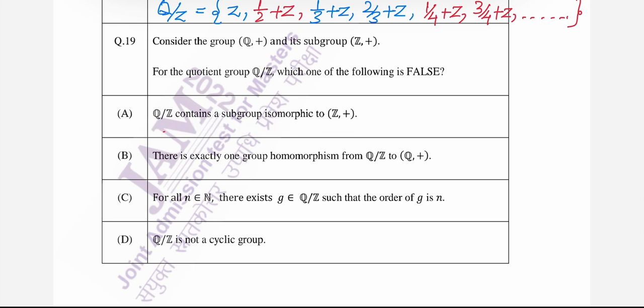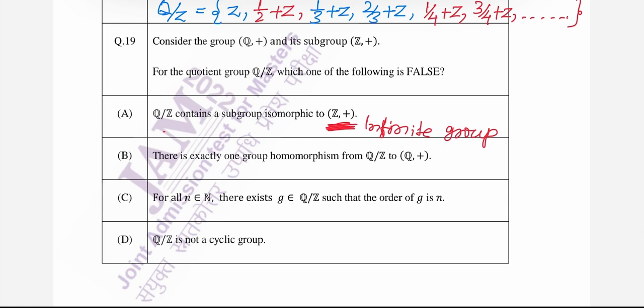Here you see this Z+, the set of integers, is an infinite group. I mean the order of this group Z+ is infinite.